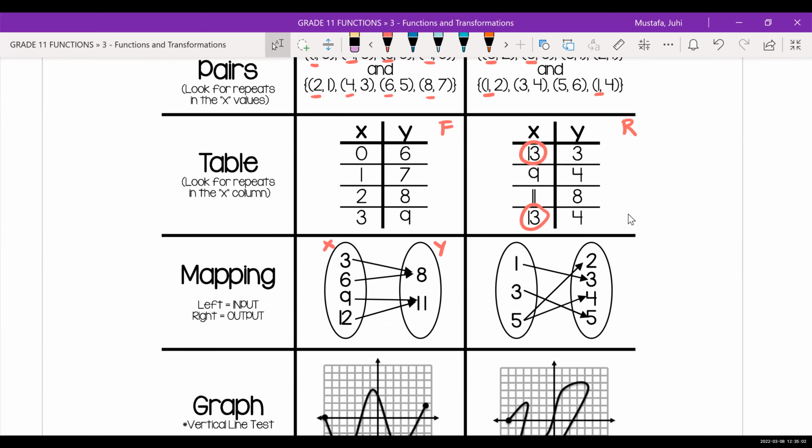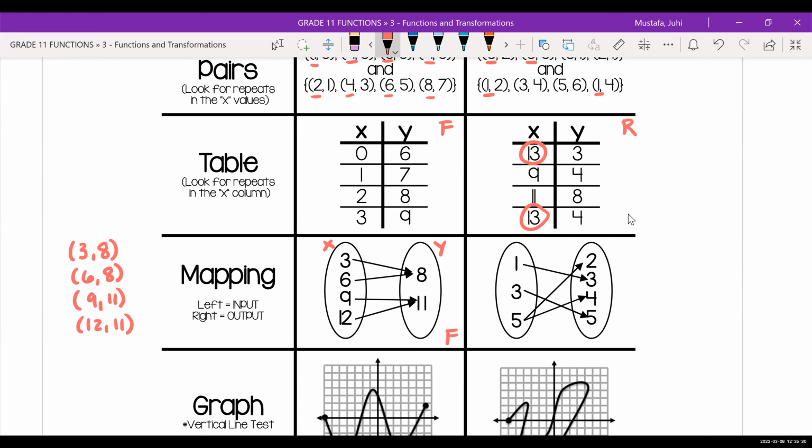So over here we have 3 pointing to 8, so that would be 3, 8. Then we have 6, 8. The 9 is pointing to the 11, and the 12 is pointing to the 11. So if it helps, you can rewrite it in coordinates like that. And then you can compare all the X values to see that there are no matching pairs. So this is going to be a function.